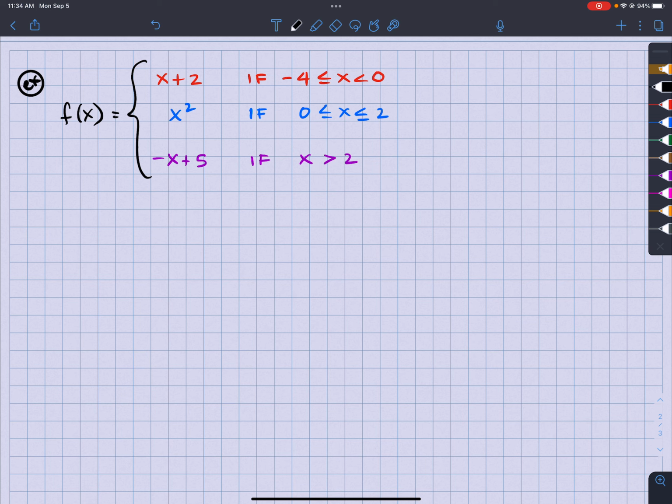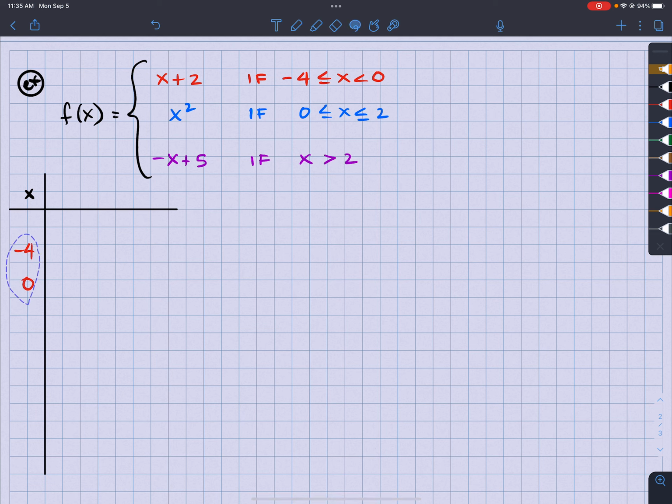So let's go ahead and make a quick table. These are going to be my x values, right? So I'm going from -4 to 0.